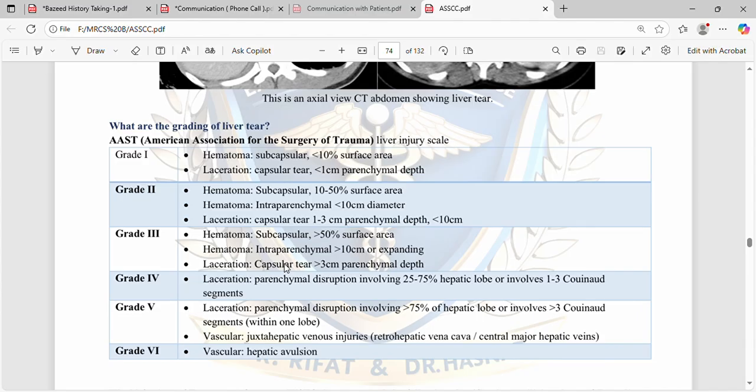In grade 5, there can also be juxtahepatic venous injuries, like rupture of the retrohepatic inferior vena cava, or the three hepatic veins, the right, middle, and left.